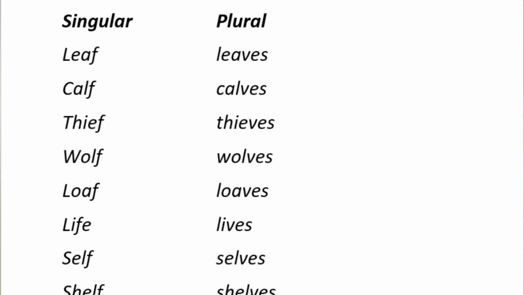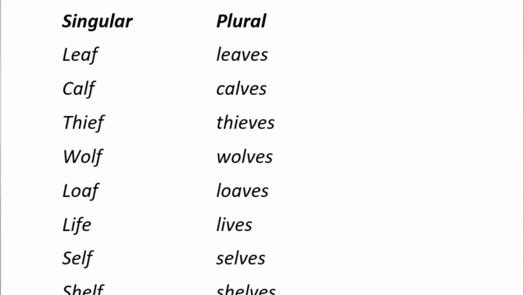The next rule says, by changing F into V before adding es. We have leaf, calf, thief, wolf, loaf, life, self, shelf.